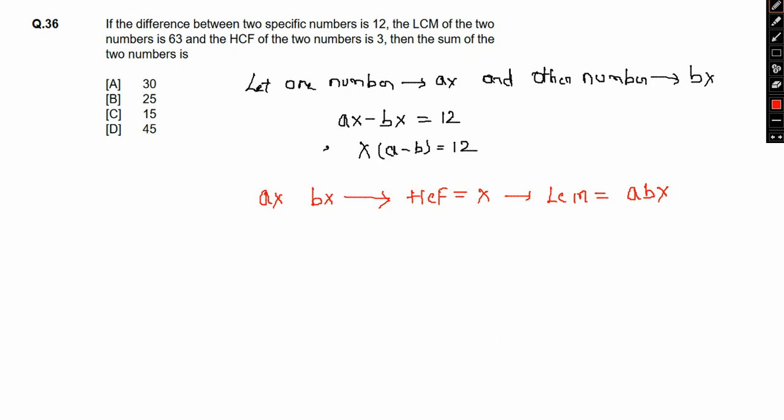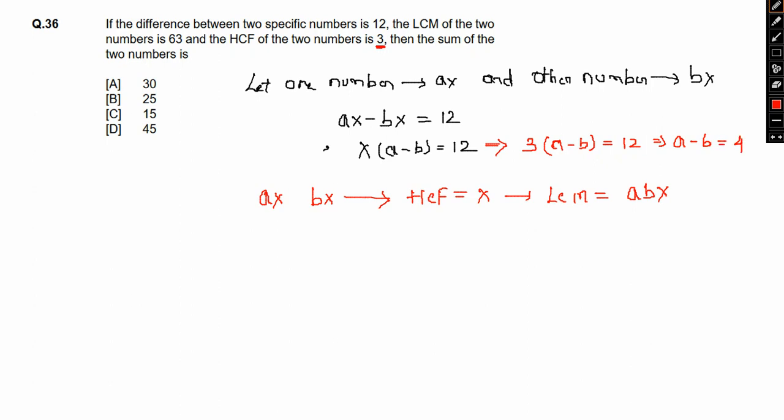Now let's try and understand. It's given that HCF of the two numbers is 3. So here x is the common element, so in this equation we can write 3 times (a minus b) is equal to 12, or a minus b is equal to 4, right?